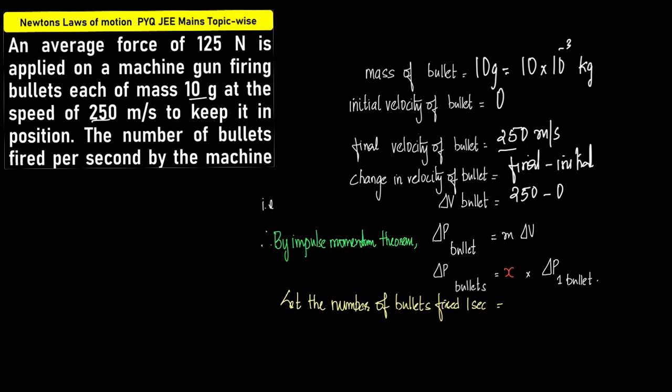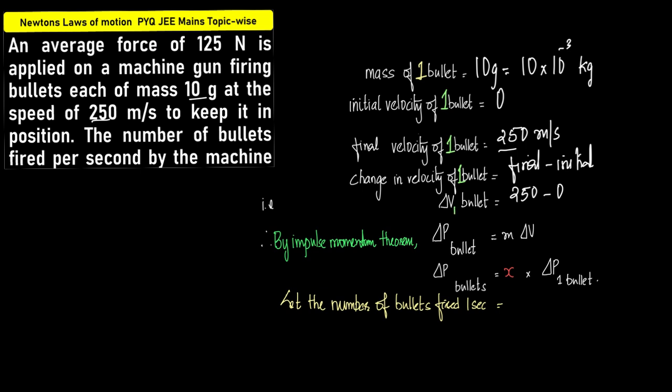To get much clarity on the question, I'm going to use one extra term here. Mass of one bullet is equal to 10 into 10 to the power minus 3 kilogram. Initial velocity of one bullet is 0. Final velocity of one bullet is 250 meter per second. Therefore, delta V of one bullet is 250 meter per second.